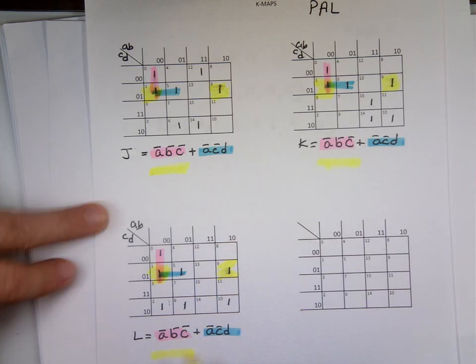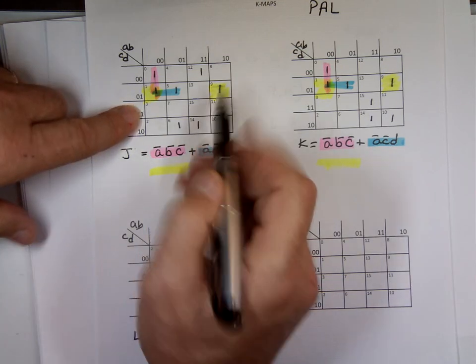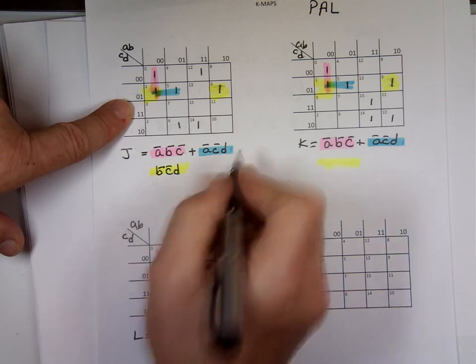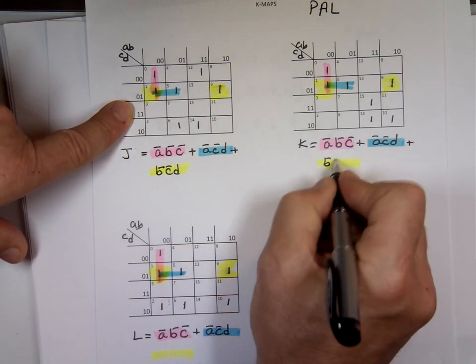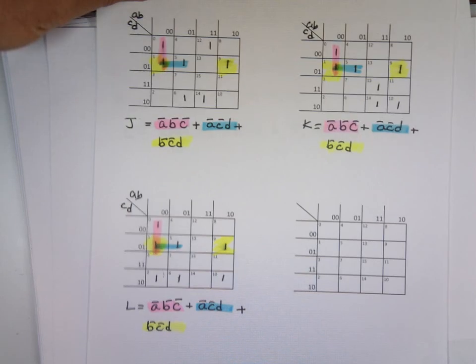See how that shows up in every one of them? And that's what? B bar, C bar, D. I think that's the only ones that show up in every one of them.